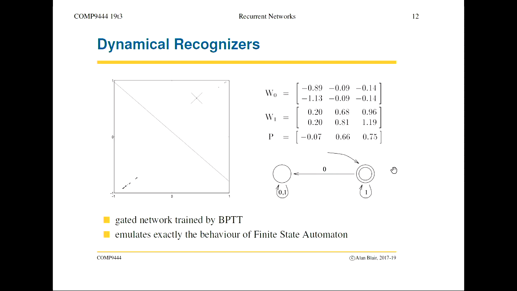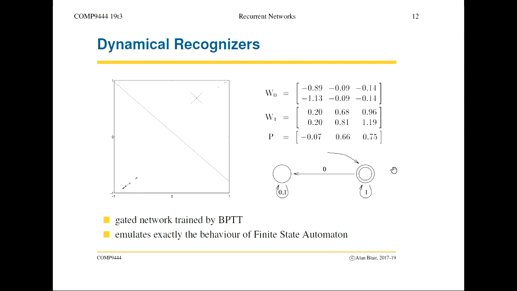This arrow shows the start state, and then as you read in the sequence, you follow the arrows. As long as you're reading ones, you stay in this state, but as soon as you read a zero, you go over to this other state. And once you're in this state, no matter whether you read a 0 or a 1, you stay in that state.